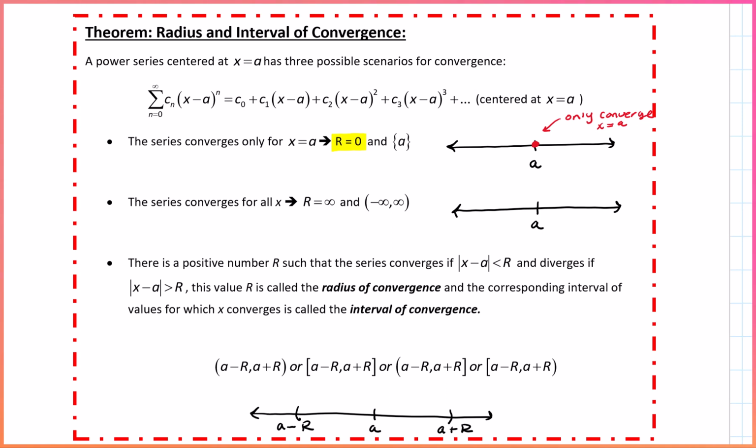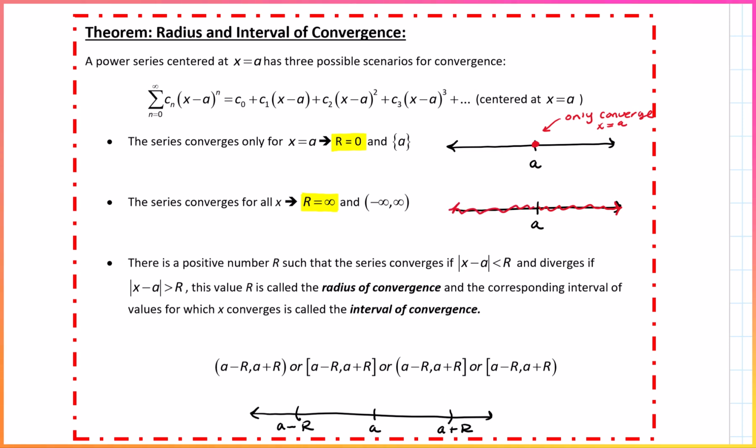Now, the other possibility, these are the two extremes. The other possibility is that the radius of convergence, where it converges, is actually equal to infinity. Now, if that occurs, if we're centered at x equals a and the radius is infinity, what that means is that we can go infinitely to the right of where we're centered and infinitely to the left of where we're centered.